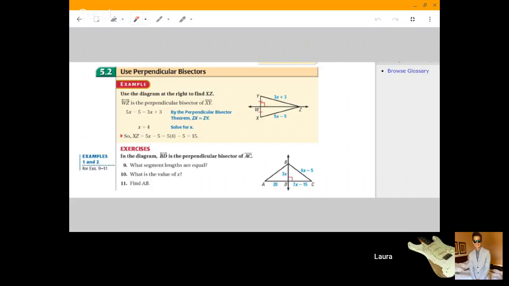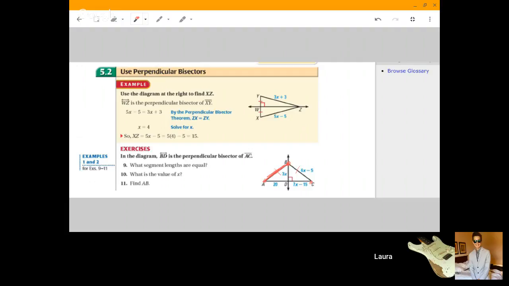Okay, so AB is this piece right here. And the perpendicular bisector theorem, this one says BD is perpendicular. So if there's a point on the bisector, like point B is on the bisector, the distances from that point to each endpoint are going to be congruent.